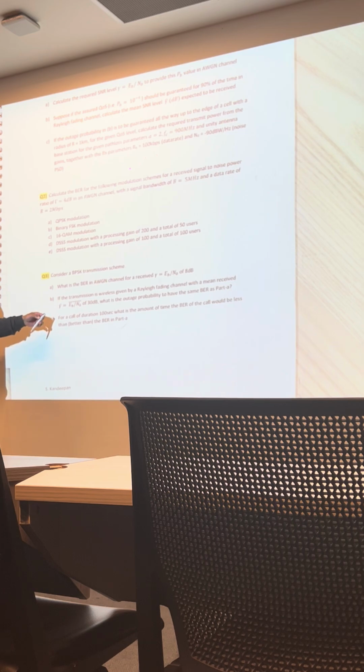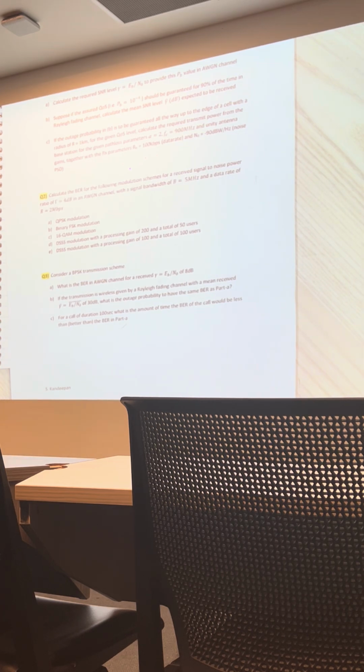I'm not going to give a hint after that. So the outage probability depends on two parameters: the mean signal to noise ratio and the threshold signal to noise ratio.